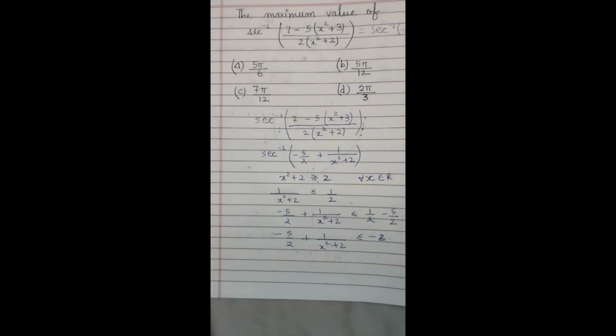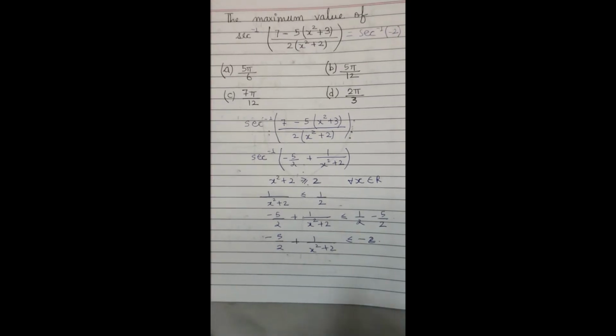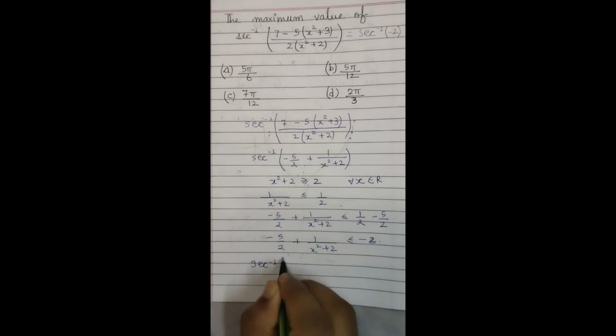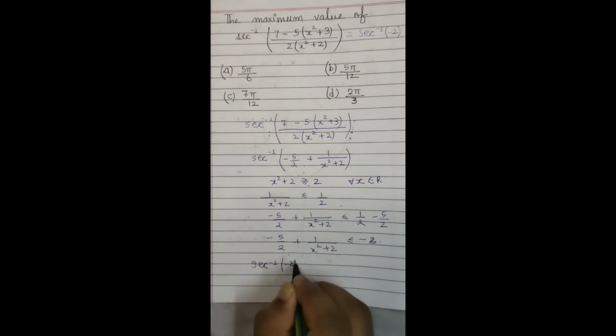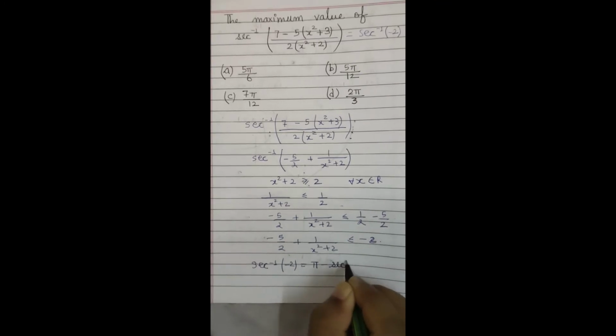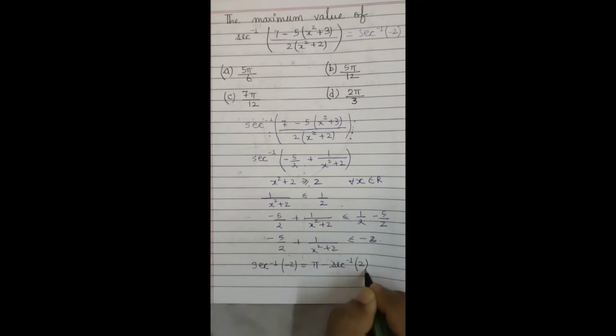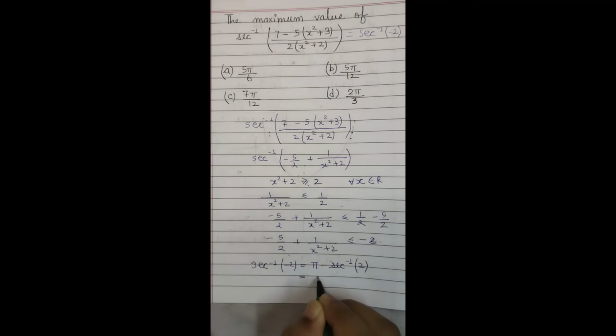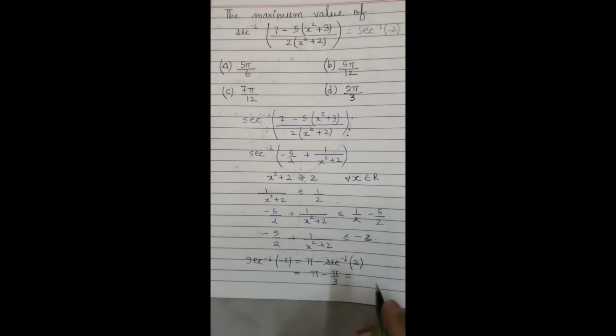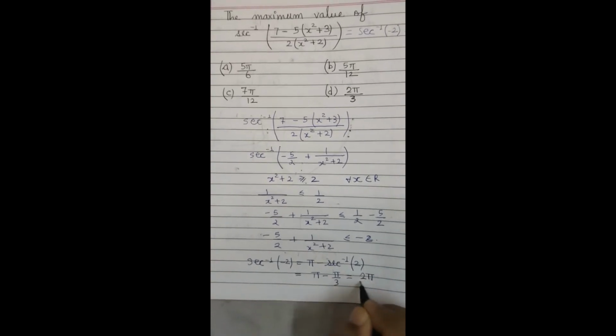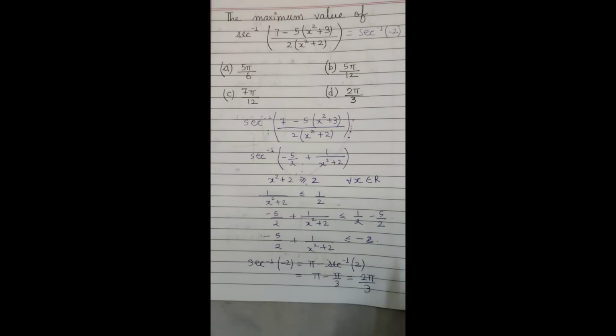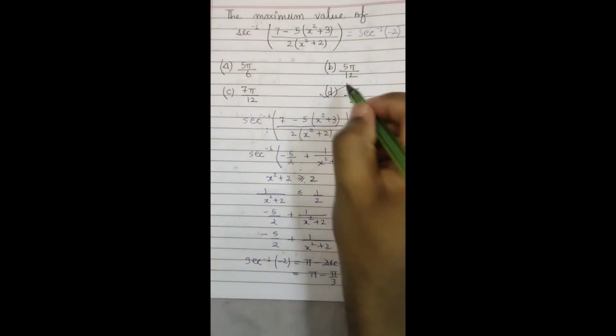Now secant inverse minus 2 is pi minus secant inverse of 2, that is pi minus pi by 3, which is equal to 2 pi by 3. So the correct option is D.